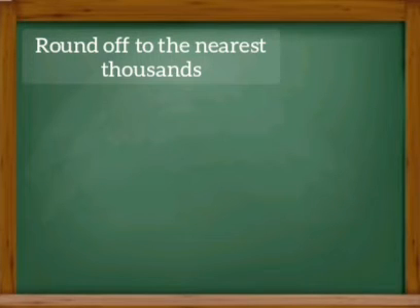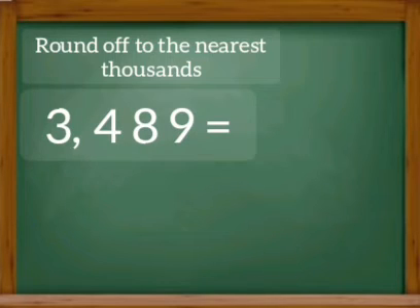It says round off to the nearest thousands now. So we have the number 3489. So first, we need to underline the digit under the place we are going to round off. So we have to round off to the nearest thousands. So which number is in the thousands place?